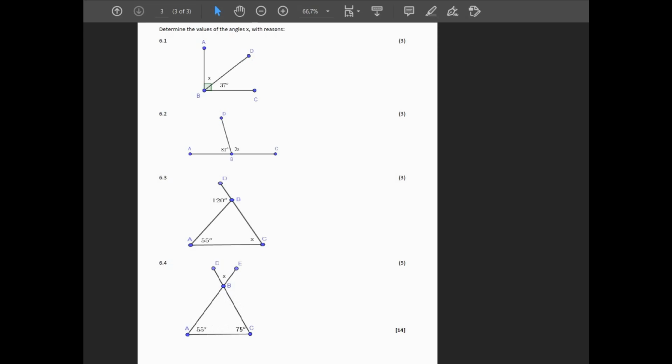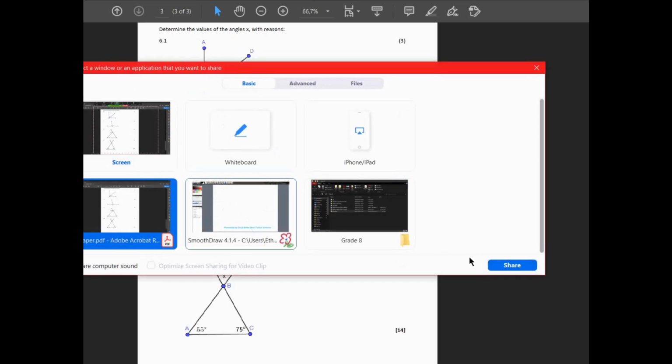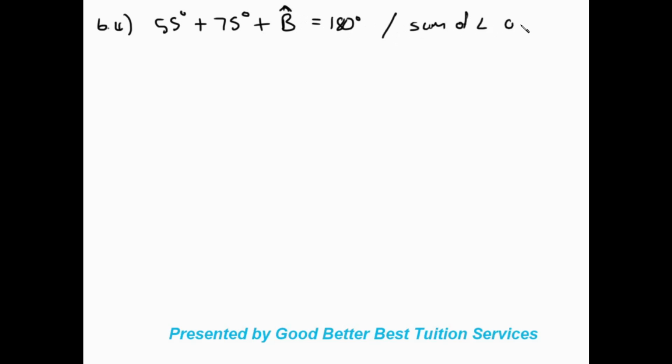So we get given 55 degrees and 75 degrees. So 55 degrees plus 75 degrees plus, we call it angle B, is equal to 180 degrees. Our reason: sum of angles of a triangle equal 180 degrees.